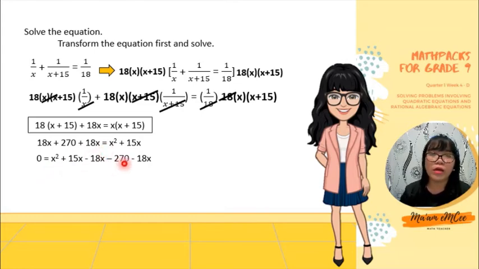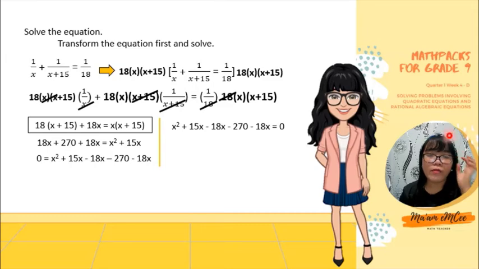In other words, we did not transpose them. Only 18x and 270 are adjusted. So 18x will become negative, so that is why we have minus 18x. 270 will become negative, that is why we have minus 270. Then, we have x squared plus 15x minus 18x minus 270 minus 18x equals 0 by symmetric property.